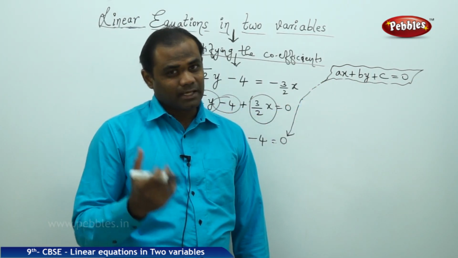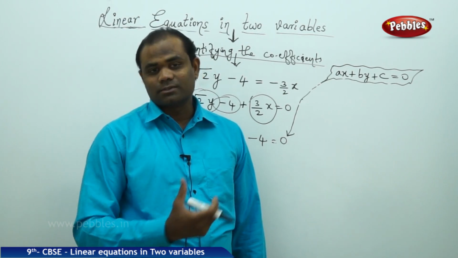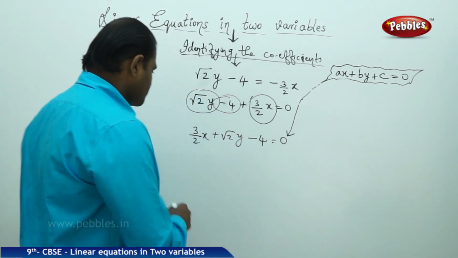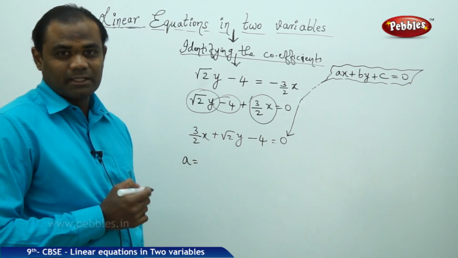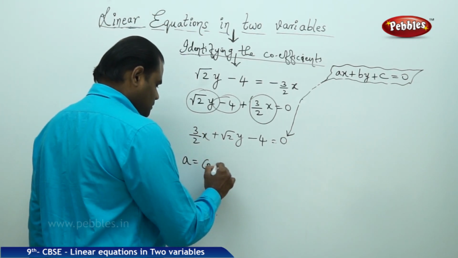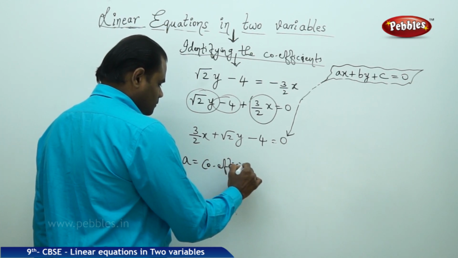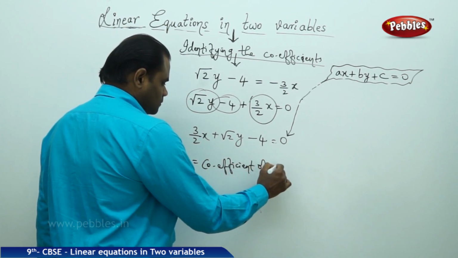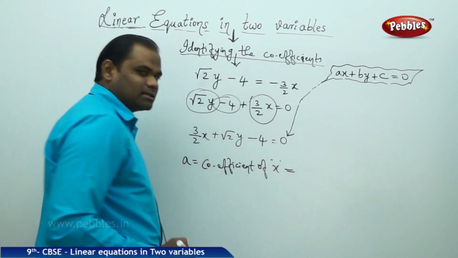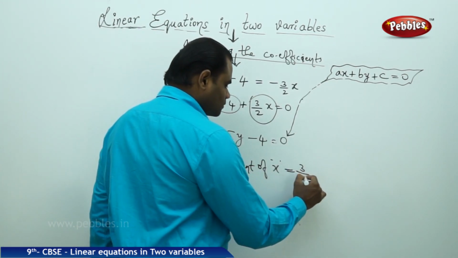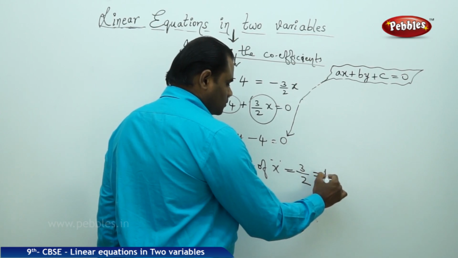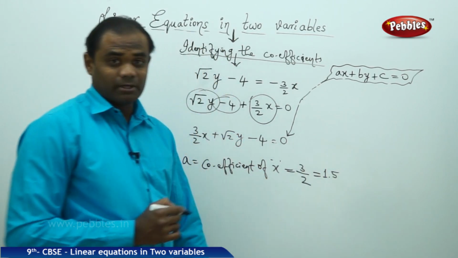Now let's see what the a, b and c values are in the given equation. As we have seen in the previous session, a is the coefficient of x. I clearly see that the coefficient of x here is 3/2, or written in decimal representation, 1.5.